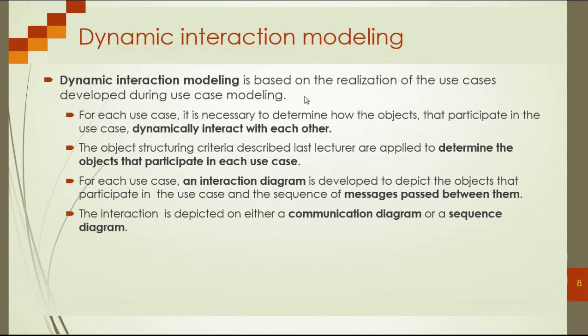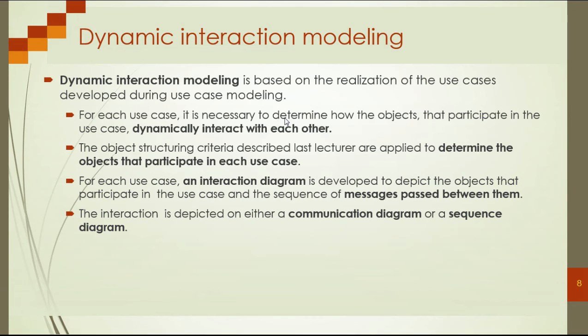So for each use case, we will determine the objects that participate in these use cases. Here we are talking about how we can develop the dynamic interaction. First we should develop the use cases well, and then based on the use cases we will determine the objects that participate in these use cases.